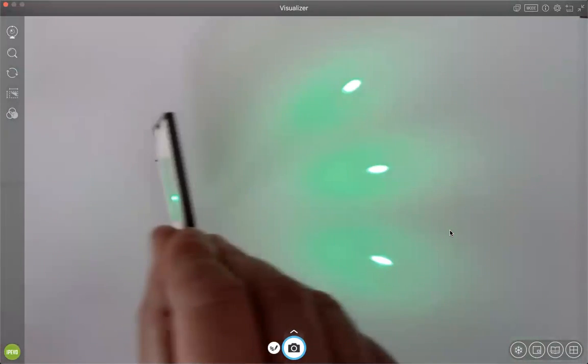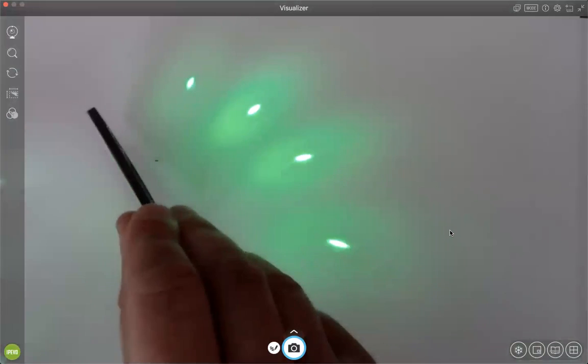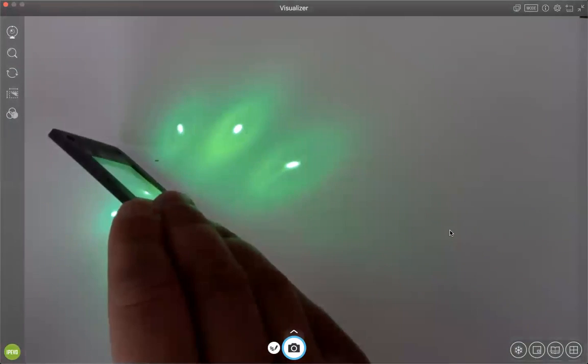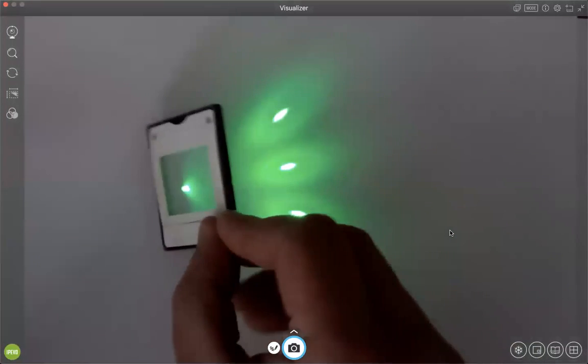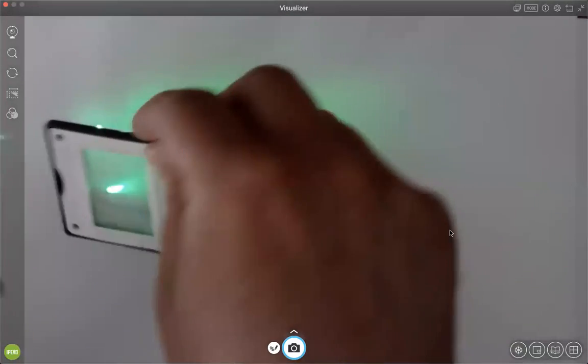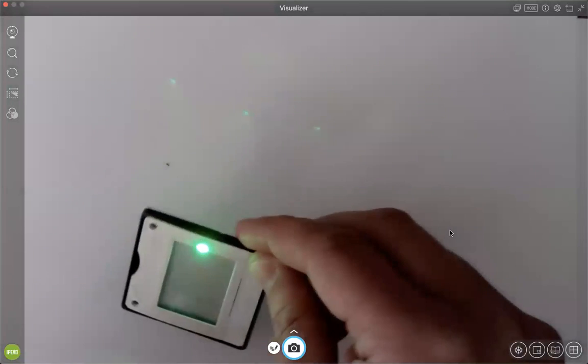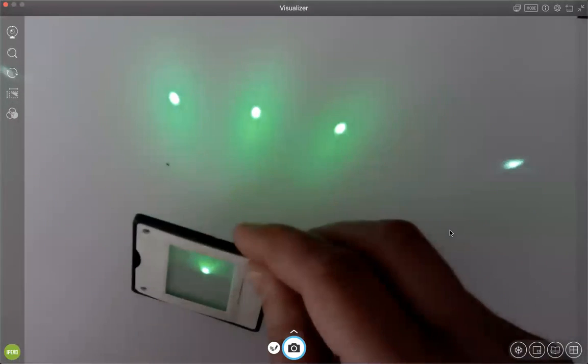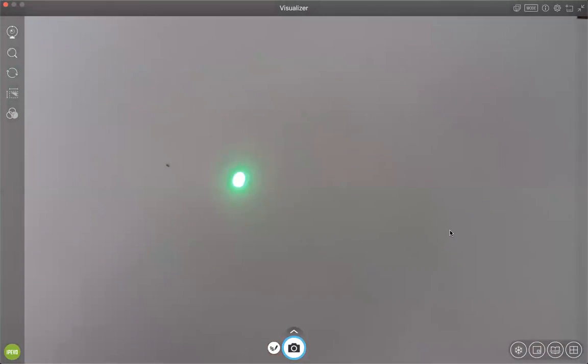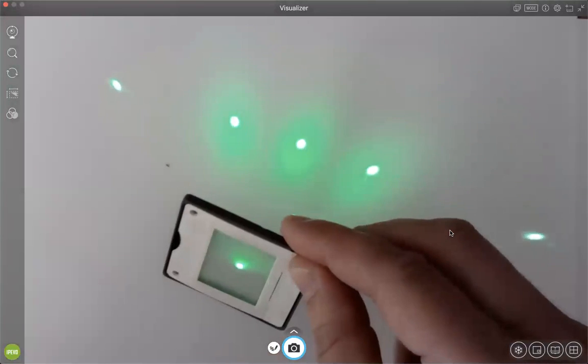Depending on even how I hold this, you get a different looking pattern. How this gets bent and shifted and moved, you get a different looking pattern. But you see some pretty cool stuff, to where without the diffraction grating, we just get the plain single point. But with this diffraction grating, you get something more.